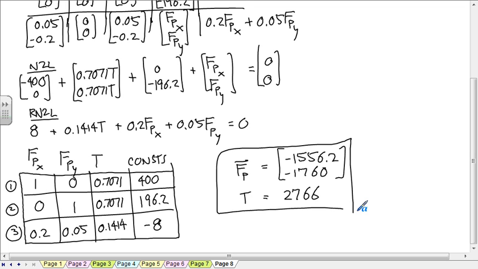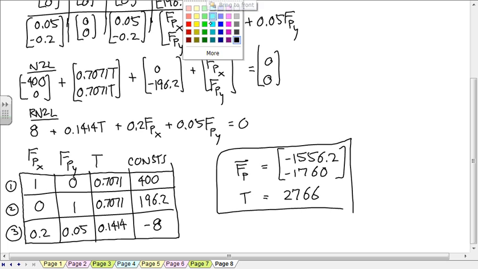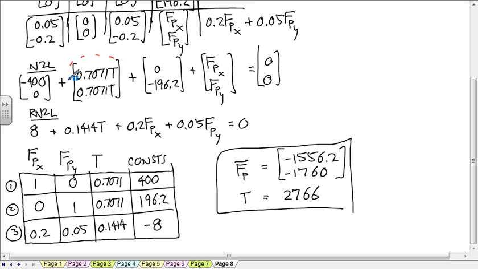So what if instead of being asked for the cable tension, which is a scalar, just 2766, you were asked for the force vector that the cable applied to the body? How do you get that? Yep, so you could just take this value and plug it back into this here, which is the force vector applied to the body by the tension.